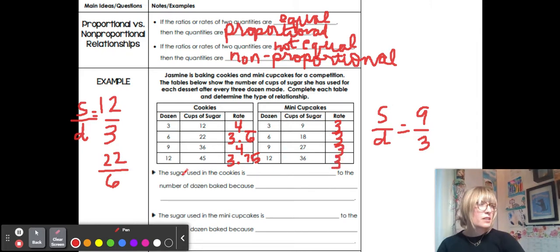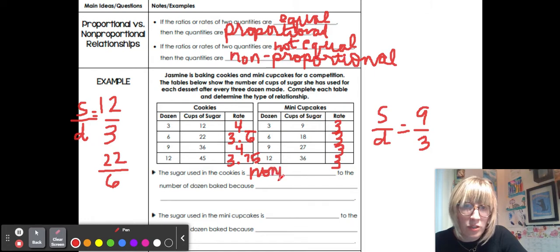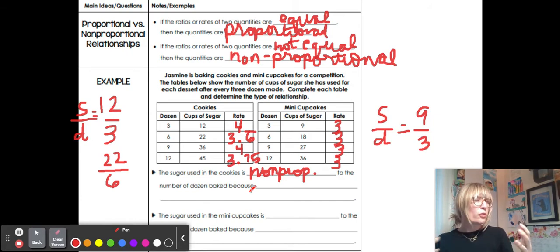Okay, so as we look at this data, we could say that the sugar used in the cookies is non-proportional to the number of dozen baked because the rate of the sugar that she uses per dozen isn't always the same.